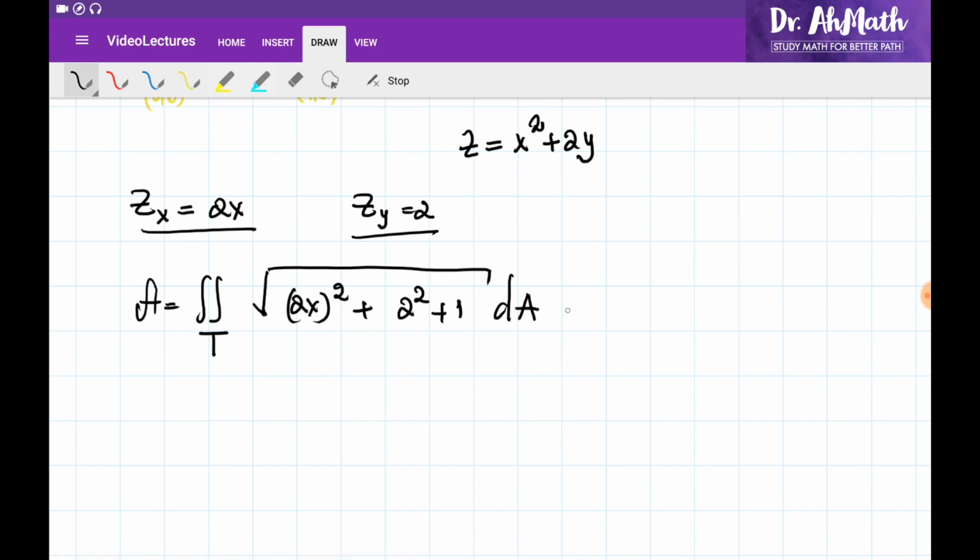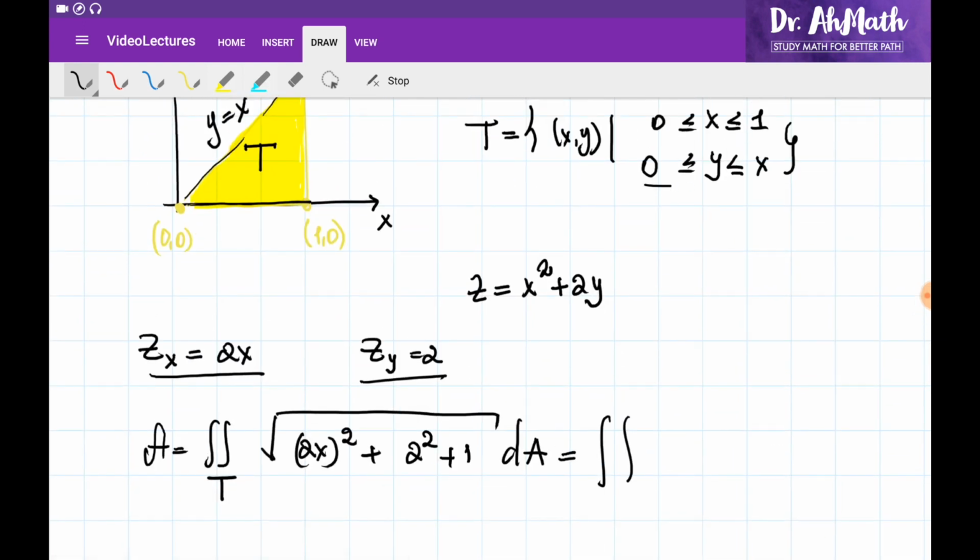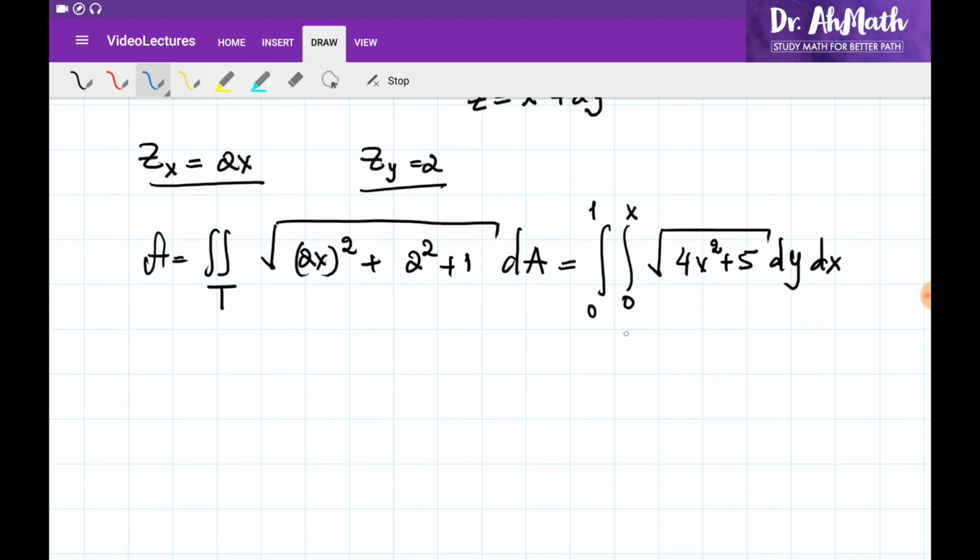So more precisely, we can write this integration as follows. Since y is changing between 0 and x, we would integrate firstly with respect to y from 0 to x, the square root of 4x squared plus 5 dy. Then we would integrate this with respect to x from 0 to 1. So let's discuss this integration firstly.